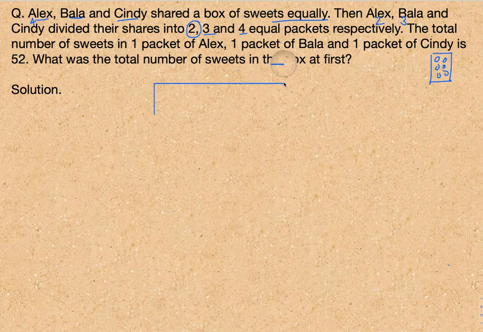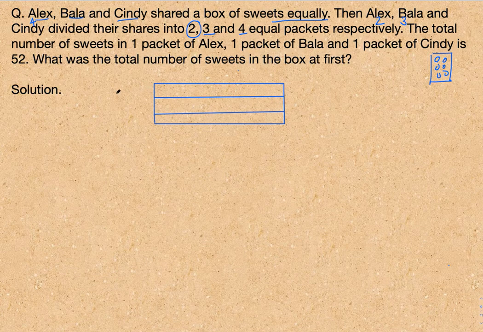Okay, so let's draw this part first, where they all have an equal number of sweets. Let me draw it a bit longer. Okay, so let's divide it into three equal parts.